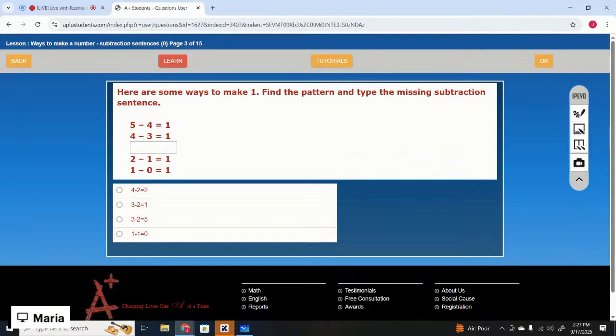Here are some ways to make 1. Find the pattern and type the missing subtraction sentence.